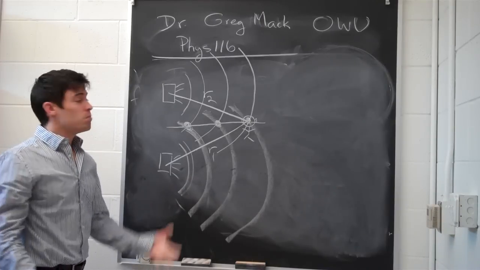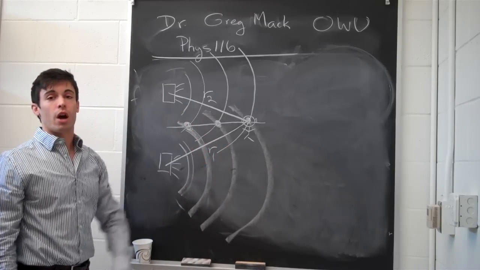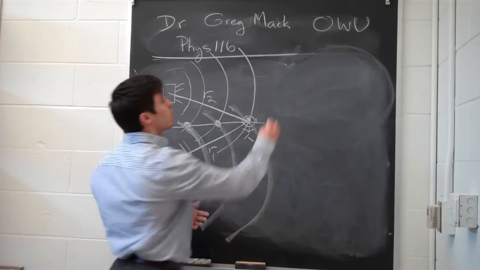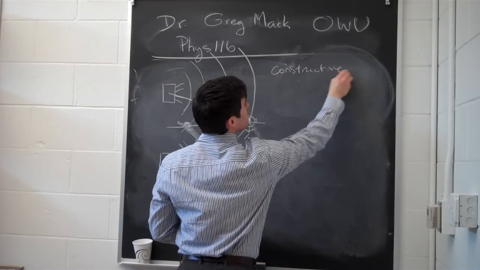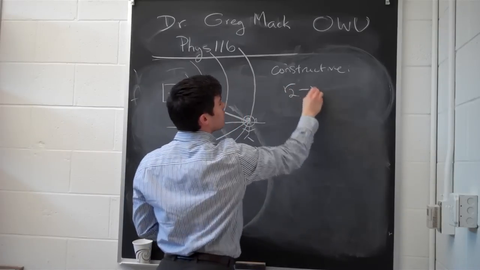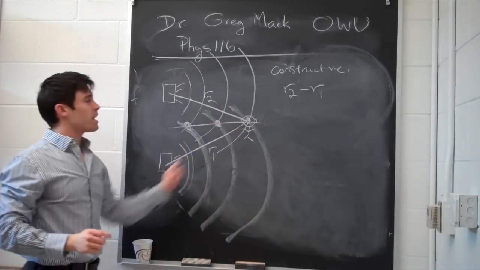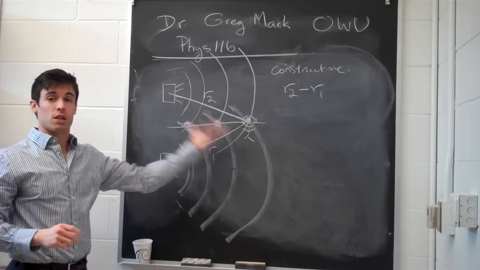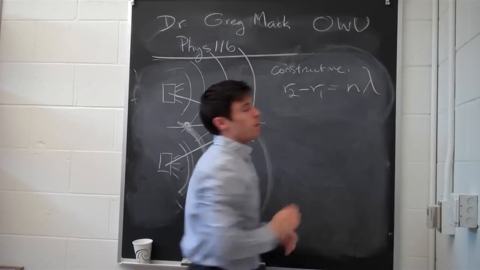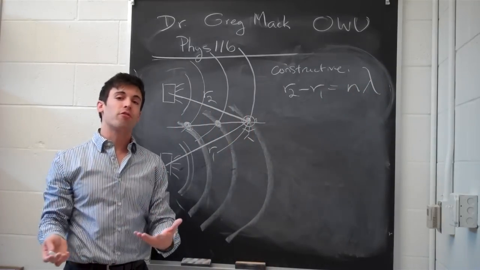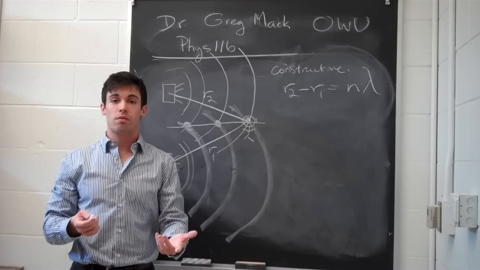And it depends on the amount of sound you hear from one and the amount of sound you hear from the other in terms of their wavelength. So for constructive interference, you get constructive interference if the difference in path lengths of these waves, meaning your distance from each source, is equal to some integer multiple times the wavelength of the emitted sound, if both the speakers are emitting the same sound.